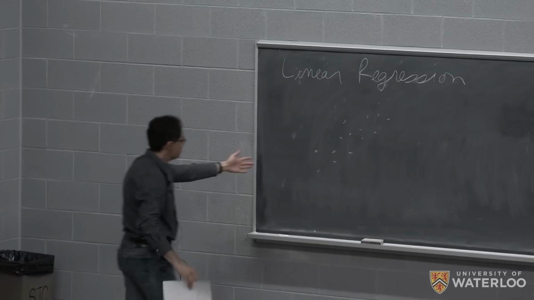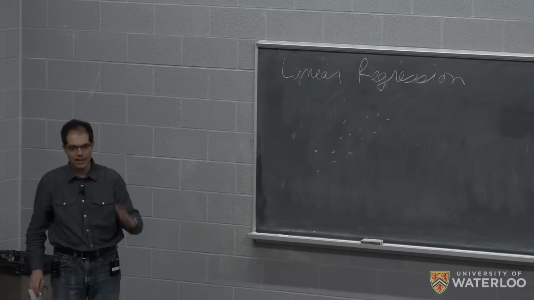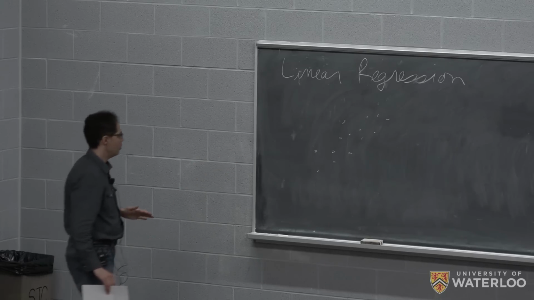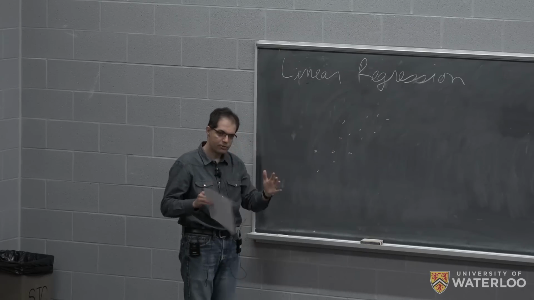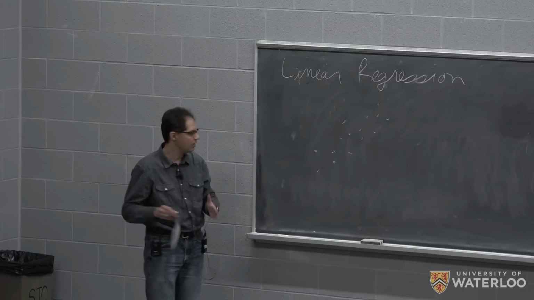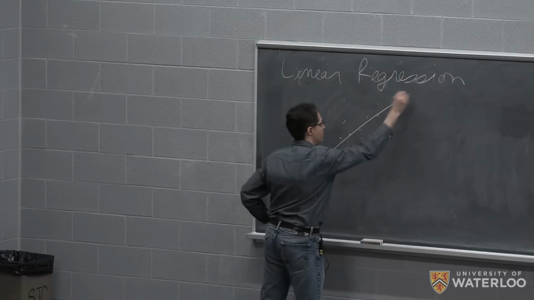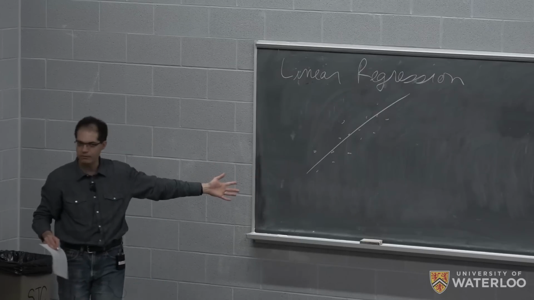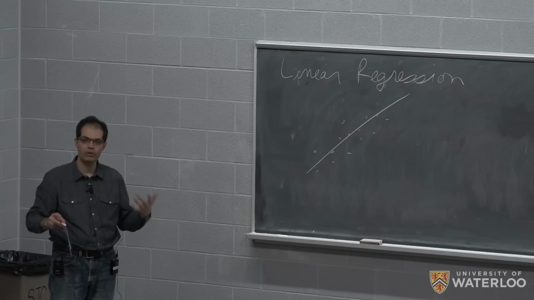So here I've got some points. The idea is that I'm trying to find the best line that comes as close as possible to those points. When we're doing linear regression, we're restricting ourselves to the class of hypotheses that correspond to straight lines. So I'm going to search for a line that comes as close as possible. Here's a possible solution, and now we're going to see how we can find a line that is optimal according to some notion.